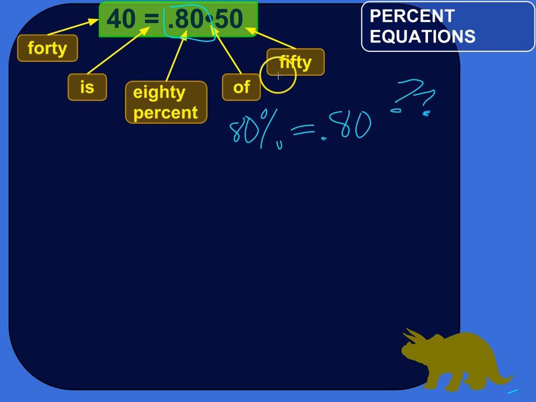This percentage sign is really just short for out of 100. And there are some computer programming languages where you could put in 80%, or Microsoft Excel would understand 80%.